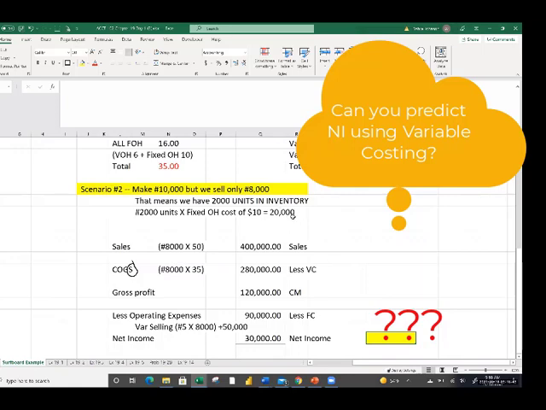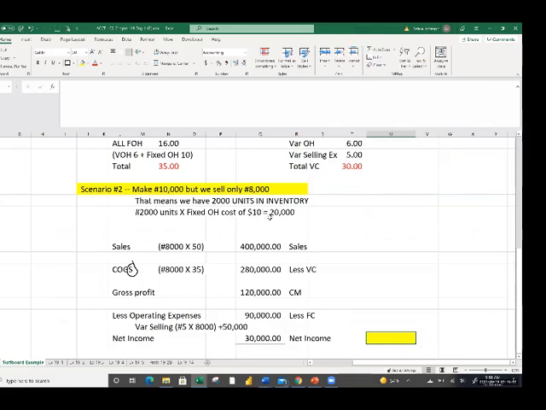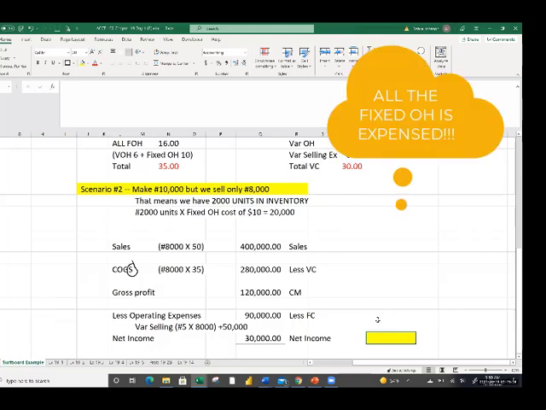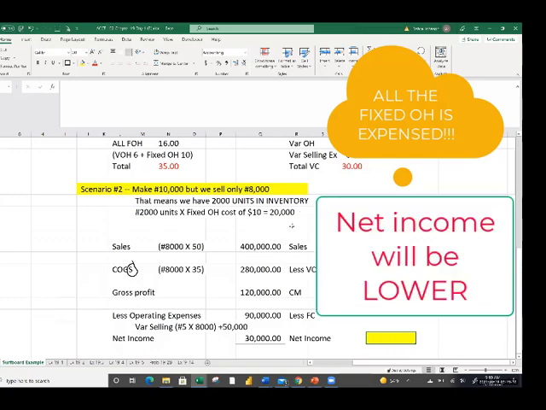Let's go back to what we predicted. We know that there is a swing in inventory, and we know that the only difference between these two methods is how that fixed overhead is treated. On this side, we only expensed 8,000 units. Under direct costing, we're going to expense all the fixed overhead. So what that means is, because we have more expense, our net income is going to be lower. By how much? By 20,000.